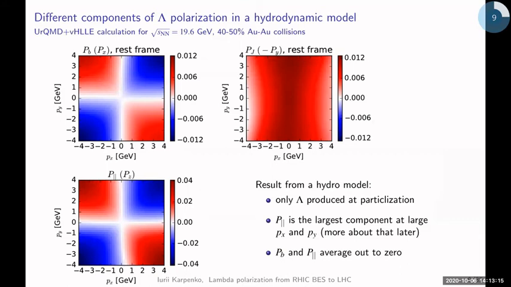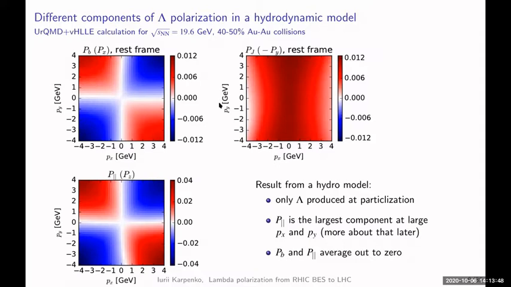And in principle, that's exactly how it happens in the hydrodynamic model. So here I show, let's say, the sample results from one of the models. In this case, that's UrQMD plus vHLLE. The calculation is for a particular collision energy, 19.6 GeV, so that's in the middle of the beam energy scan range, 40 to 50%, so some non-central collisions, and here you can see on the plots the different components of polarization in the global frame.